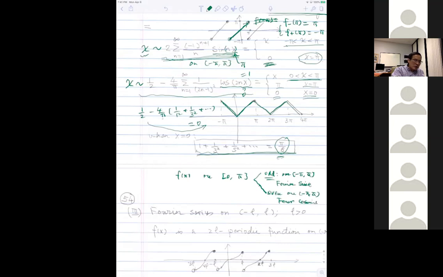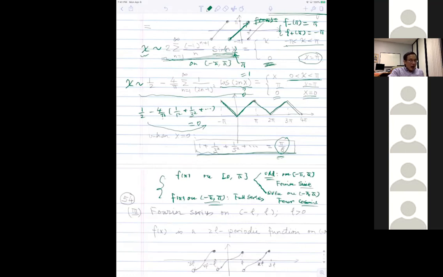Now, if you are given a function f(x) on negative pi to pi, if it is neither even nor odd, then you would have a full Fourier series that involves both sine and cosine. The formulas are given in the previous pages.